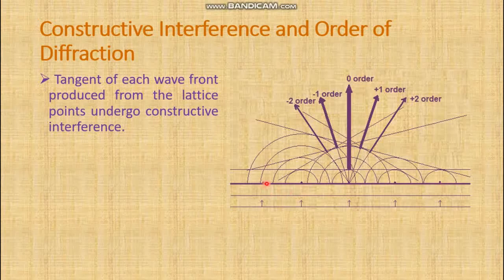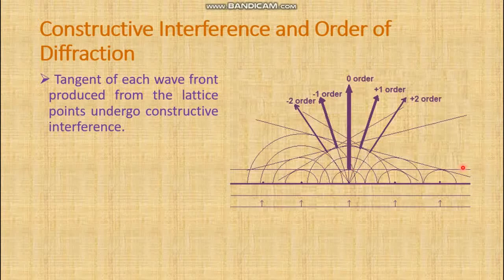After interaction, all the lattice points radiate X-rays which have spherical wavefronts. This is the second sphere, this is the third sphere, this is the fourth sphere. Similarly, for this point, this is the first sphere, this is the second, this is the third one, and so on. Now suppose this thin line is the tangent on the first wavefront of all the lattice points.